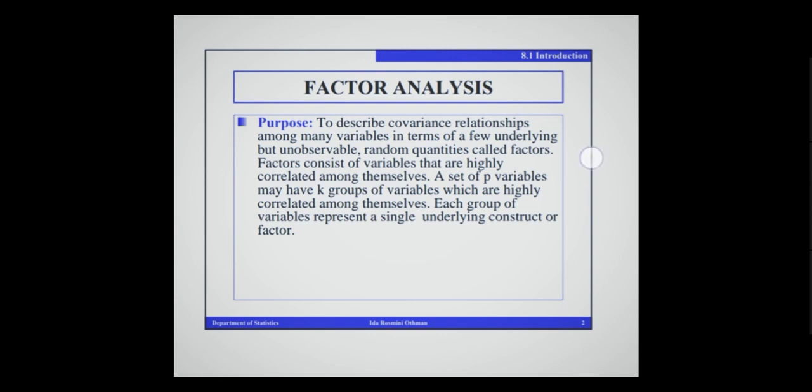How we group that? Kita tengok dia punya correlation relationship. Okay, using the covariance. Okay, factor consists of variables that are highly correlated among themselves. So we observe the correlation between the variables.